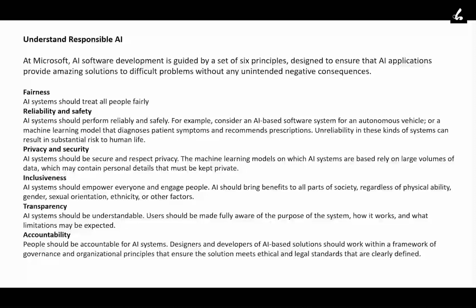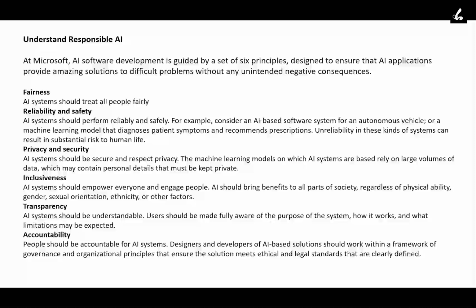Now privacy and security, so AI should be secure and respect everyone's privacy. The data should not get leaked of everyone's personal information. The machine learning models of AI systems are based on large volumes of data, because data is the main source of AI. The huge amount of data we are providing to AI, only then can AI develop and build very strongly day by day.